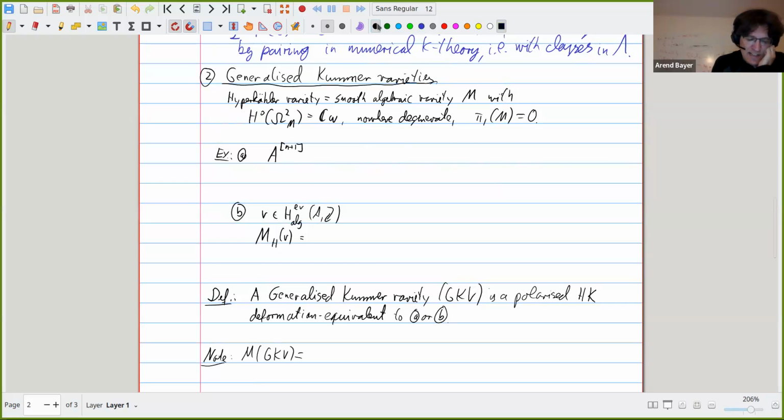So a Hyperkaehler variety, for today, is just a smooth algebraic variety, M, where I assume that it's algebraic, so it comes with a polarization, but what makes it a Hyperkaehler variety is the existence of this nowhere degenerate holomorphic 2-form, and that it's simply connected, right? And so the classical example is you take a K3 surface and you take its Hilbert scheme, but today I'm instead interested in the examples coming from abelian surfaces.